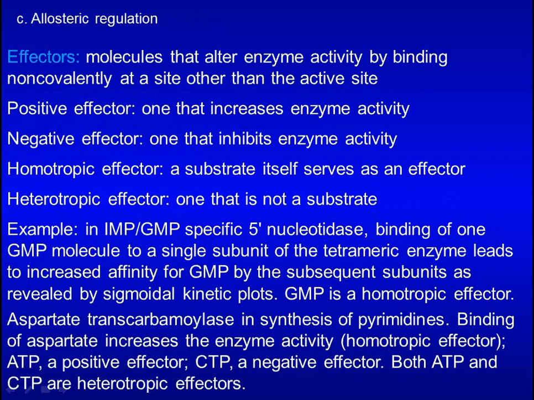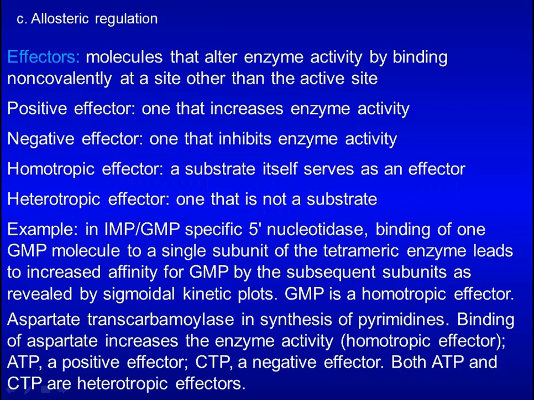Effectors can be positive or negative. A positive effector is one that increases enzyme activity. A negative effector inhibits enzyme activity. A homotropic effector is the substrate itself that serves as an effector. Heterotropic effectors are ones that are not a substrate.